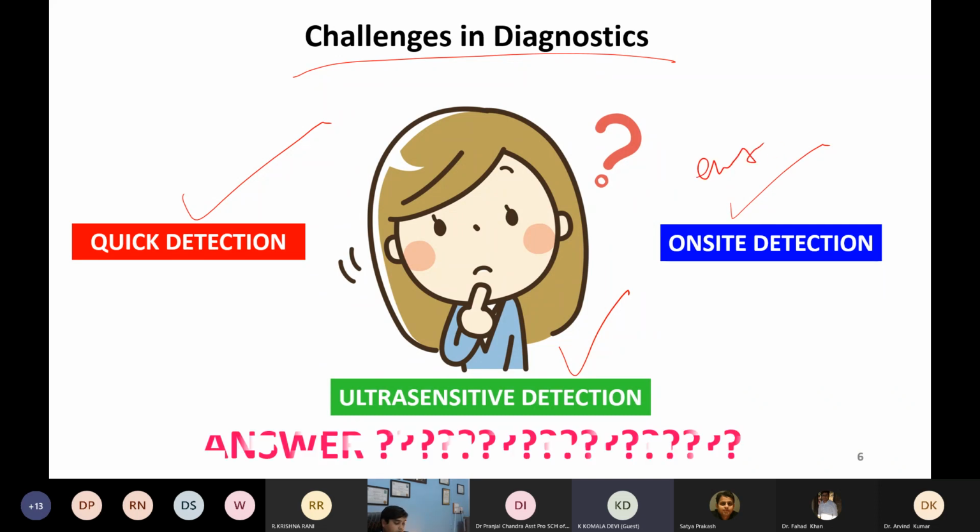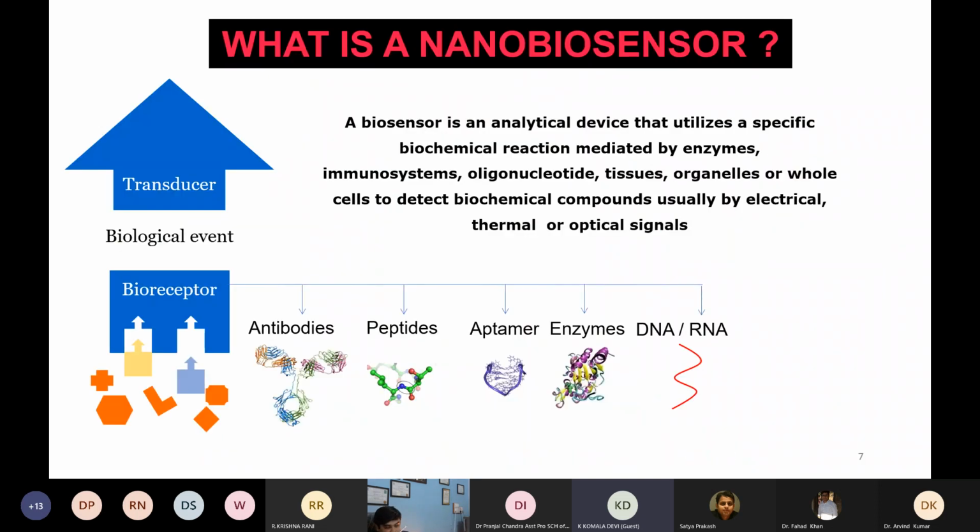Okay. So the answer to these things is what? Biosensors basically. A biosensor is an analytical device that utilizes a specific biochemical reaction mediated through enzymes, the immune system, oligonucleotides, tissues, organelles, or whole cells. So it means there are two components basically. One is the receptor, another is a transducer.